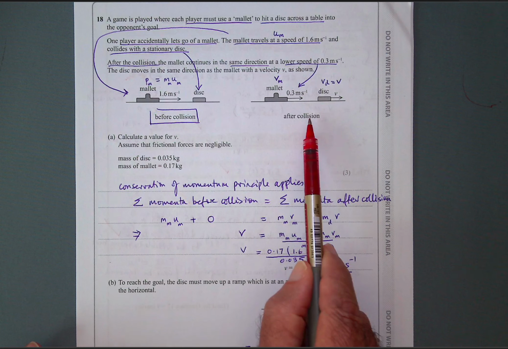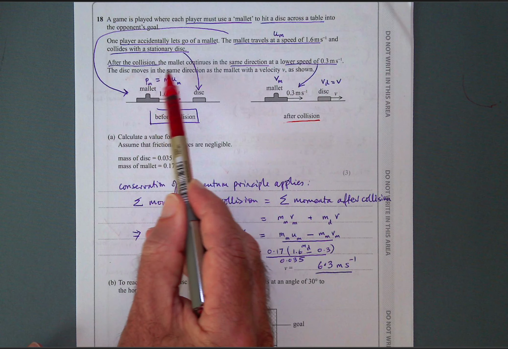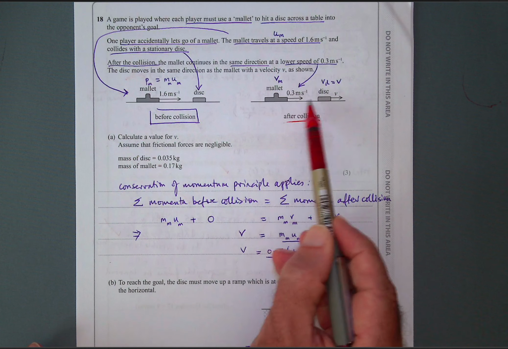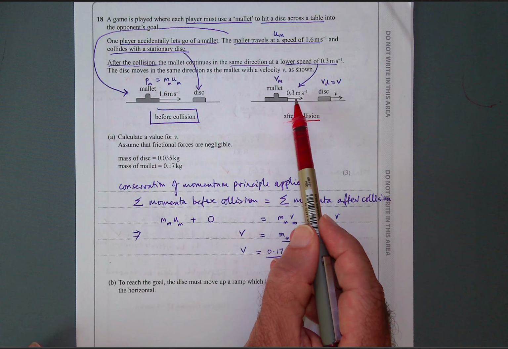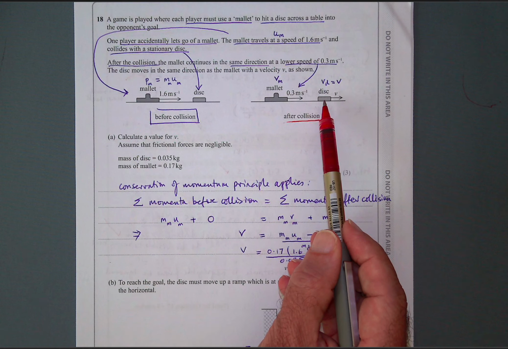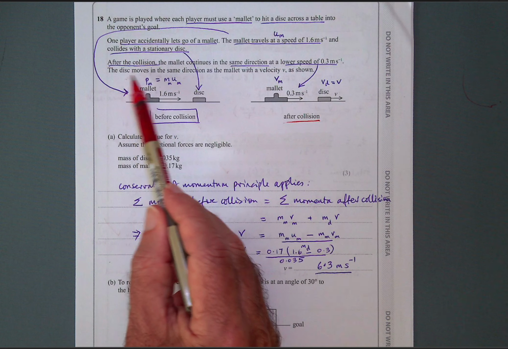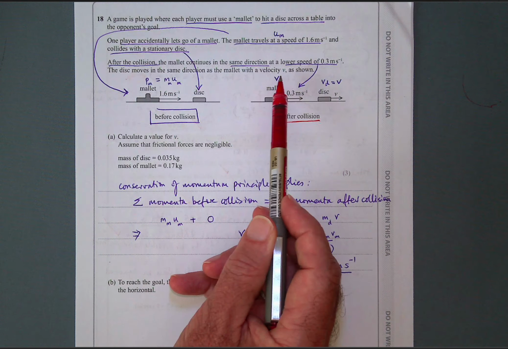After the collision, in this diagram, the mallet continues in the same direction at a lower speed. So it's lost some of its momentum, from 1.6 velocity to 0.3. The momentum lost by the mallet will be gained by the disc. The disc moves in the same direction as the mallet with the velocity v as shown.